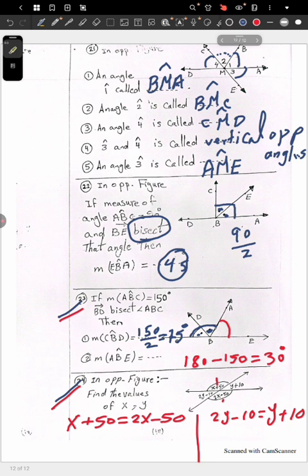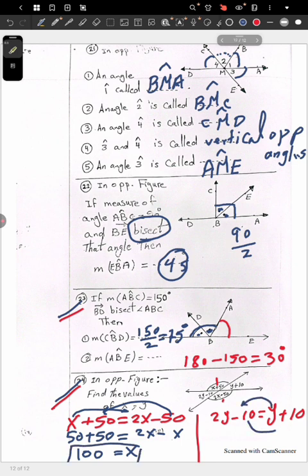Then I want x on the same side. Okay, x here, 2x minus x, and 50 here, 50 plus 50. Then 2x minus x is x, equal to 100. That's the first equation. And the second equation: y here and 10 here. 2y minus y equals 10 plus 10. Then y equals 20.